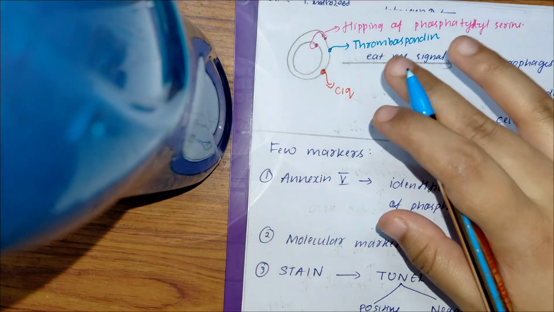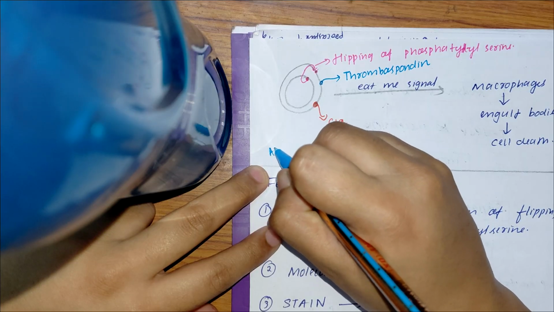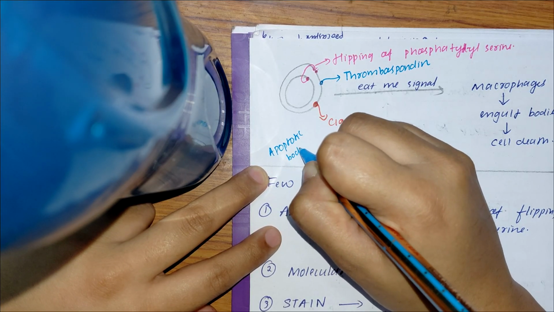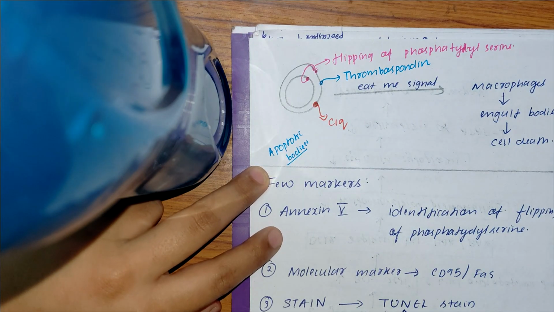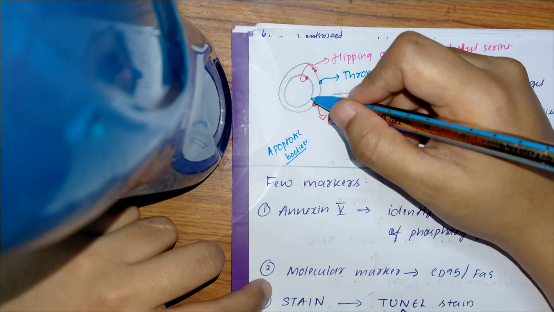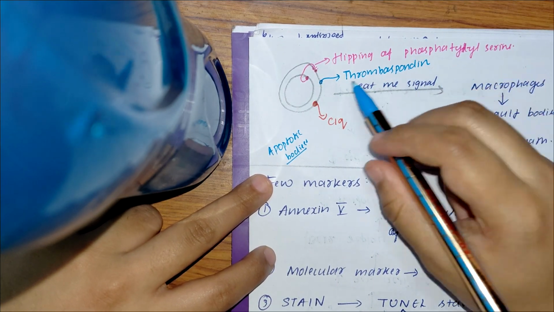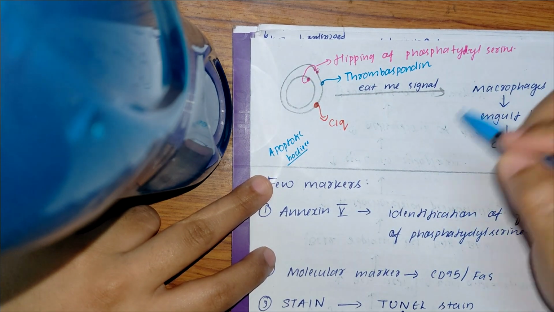Now these are a few extra things. This cell you are seeing over here, I am naming it, this is an apoptotic body. These apoptotic bodies will be presenting a few proteins. One will be C1q, the other is thrombospondin, and the third one is phosphatidylserine.